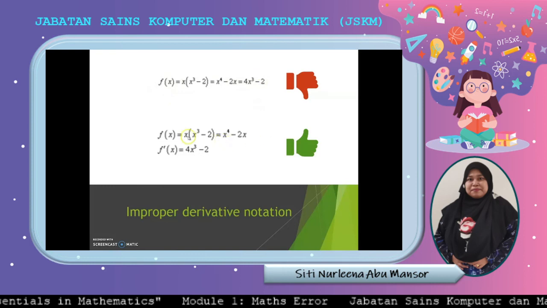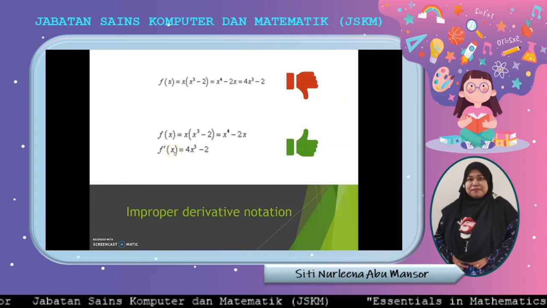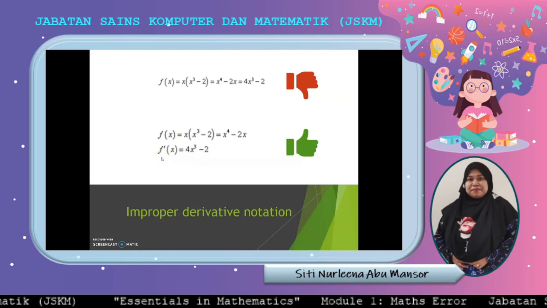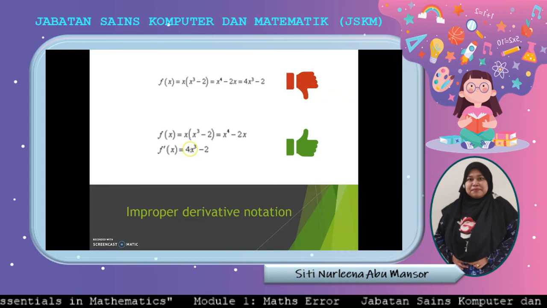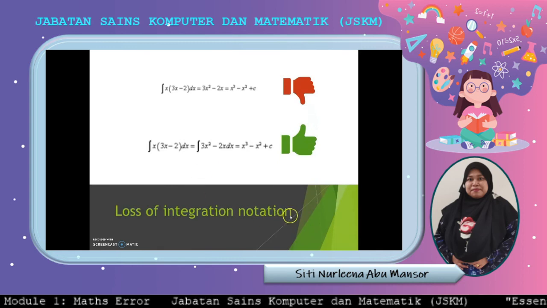What you should do, after you expand, is write the proper derivative notation, which is f prime x. You just cannot simply differentiate within the function of f(x). So you should write the proper derivative notation of f prime x, which is equal to 4x cubed minus 2, right?